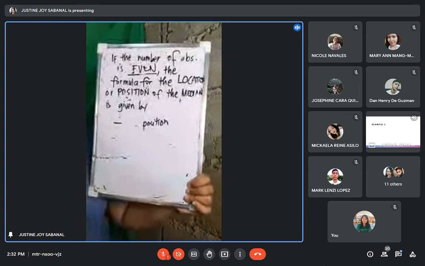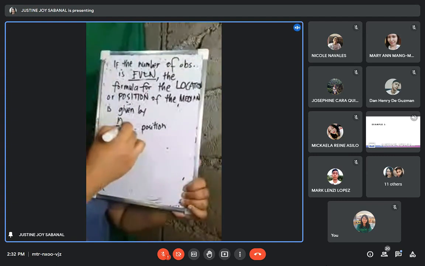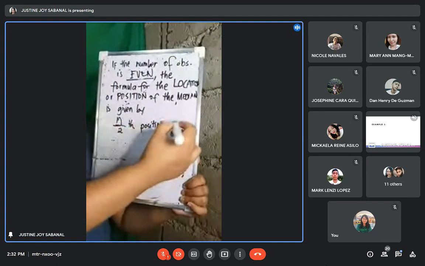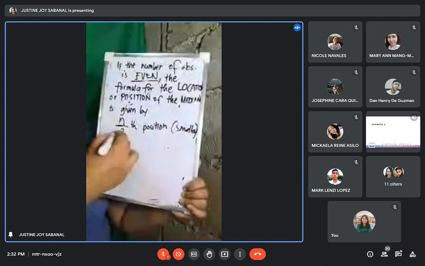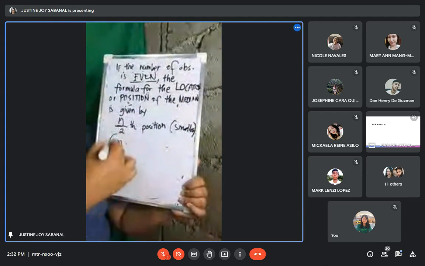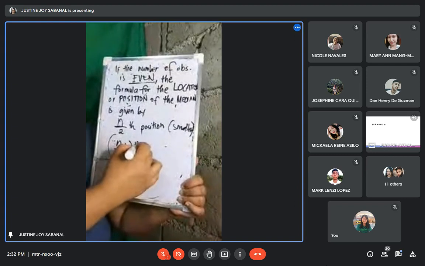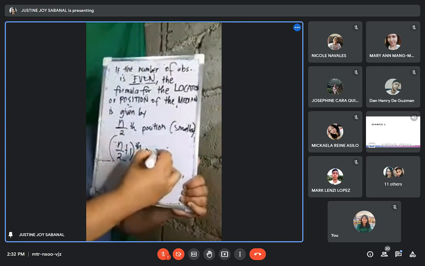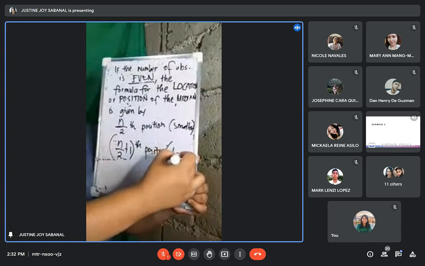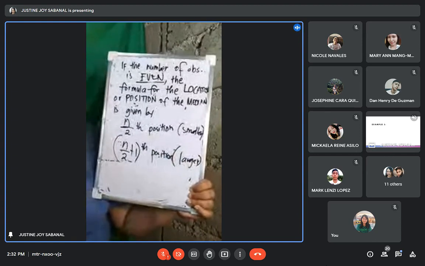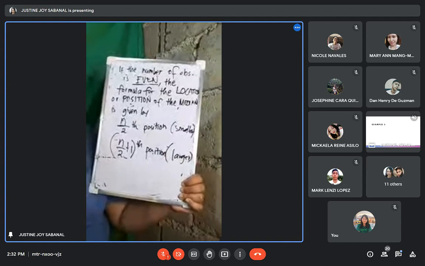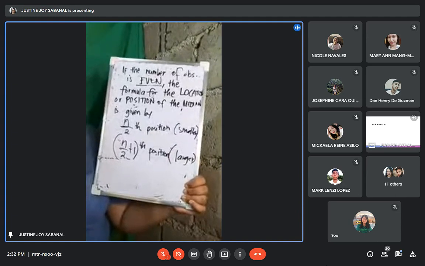We have now n over 2, ito po ay for smaller value. Yung n over 2 plus 1 naman po is for the larger value. Ganun po yung aspect ng ating pagko-compute.